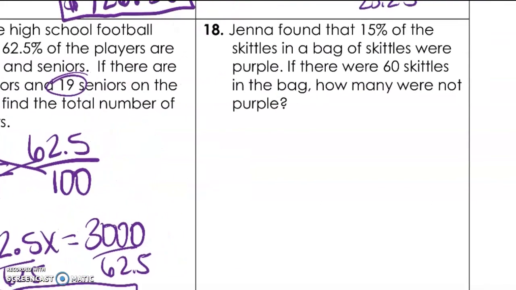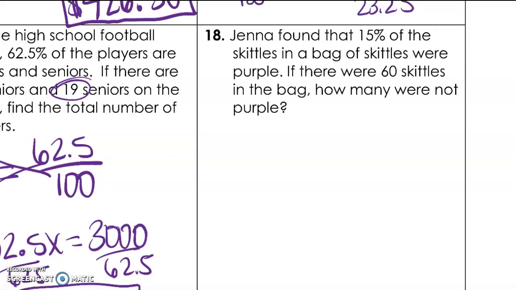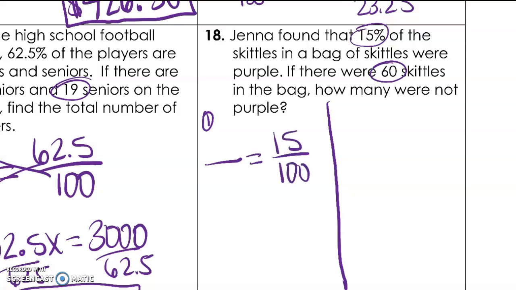And our last one, for Skittles. There's two different ways to do this. So 15% of the Skittles were purple. There were 60 total. We want to know how many were not purple. So there's two ways to do this. Our first way is use the numbers they give you, 15% and 60. So 15 out of 100 for our percent. There were 60 total in the bag. We're going to find how many are purple.